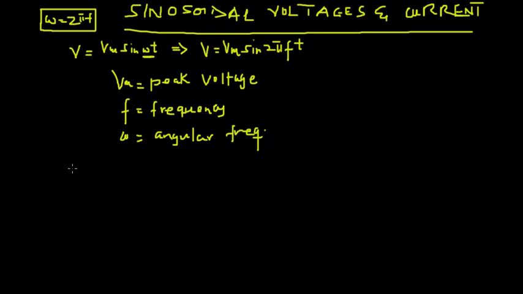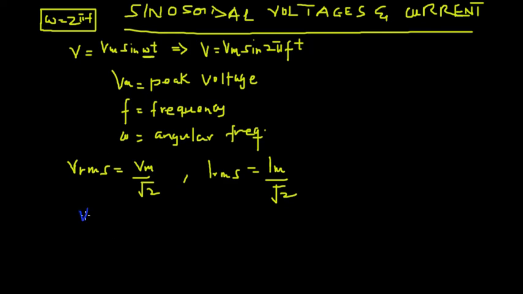Now we already know that V root mean squared is equal to the peak voltage divided by root 2. The same applies to the root mean squared current, which is equal to the peak current divided by root 2.